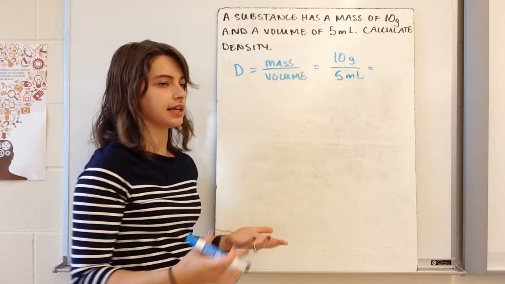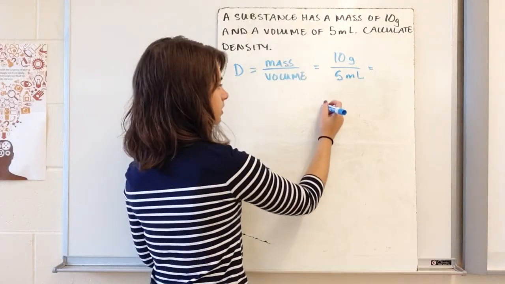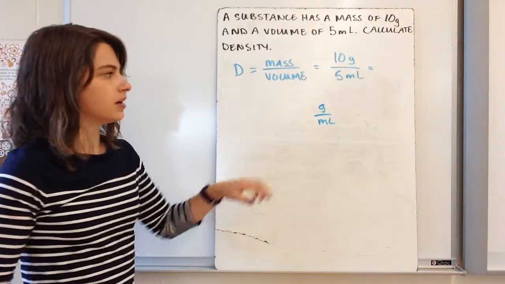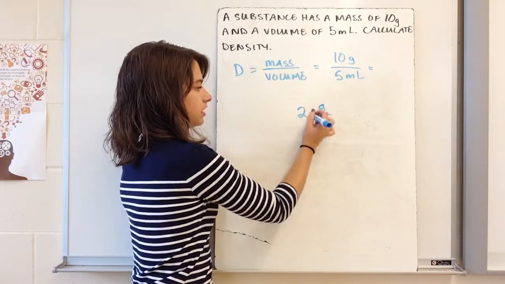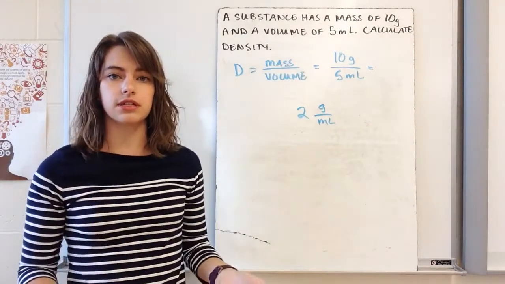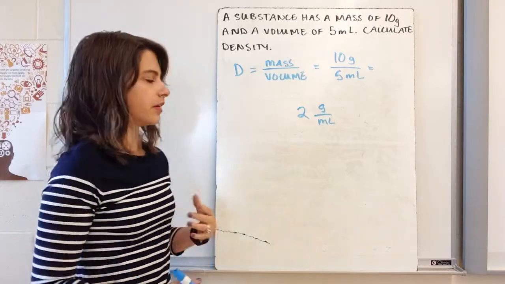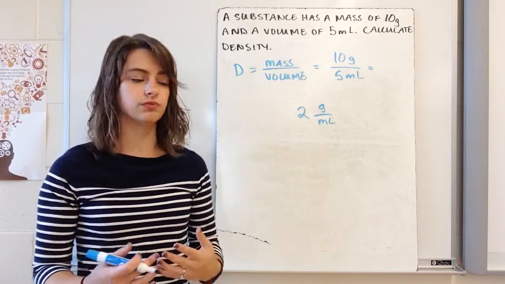Now my units aren't going to cancel. We can't do grams divided by milliliters with our units. So our units are going to stay grams per milliliter. But if I divide the numbers, 10 divided by 5 is 2. So this substance has a density of 2 grams per milliliter. So if I were to measure out 1 milliliter of the substance, it should have a mass of 2 grams.